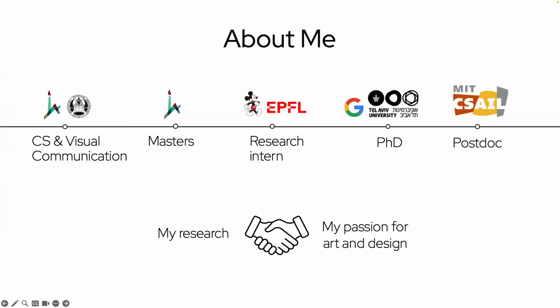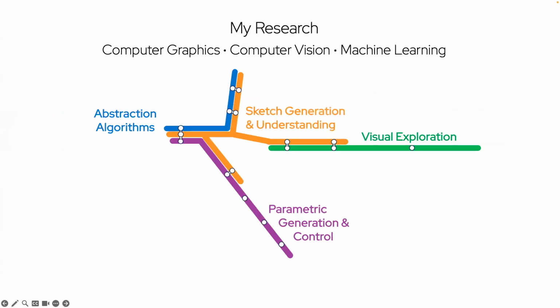If you heard about this combined program. So my interest in this field and the way I formulate the problems that I'm working on come from this early interest and passion of mine for the combination of the two. And my research spans computer graphics, computer vision, and machine learning, that is also called AI today.